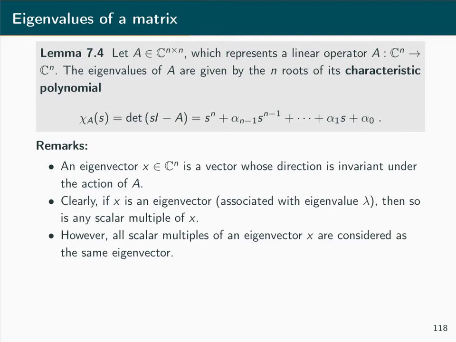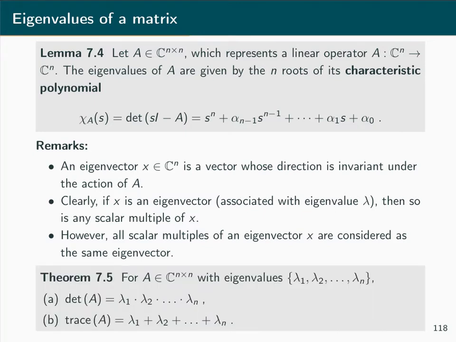Second, clearly, if x is an eigenvector associated with some eigenvalue lambda, then so will be any scalar multiple of x. However, we will not count scalar multiples of an eigenvector as a different eigenvector. Instead, all scalar multiples of an eigenvector x are considered as the same eigenvector.